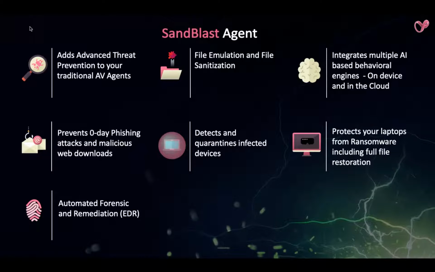The name of that cloud where your artificial intelligence sits is called behavioral guard. All these packets of interest are sent to behavioral guard for analysis, and then behavioral guard analyzes the packet and, if necessary, also sandboxes it, and eventually gives you the verdict saying whether or not this is malicious.